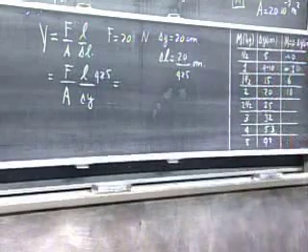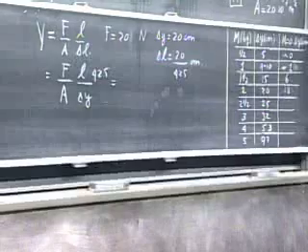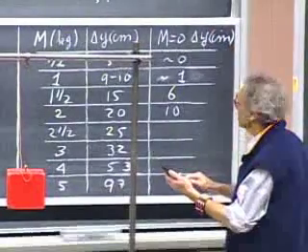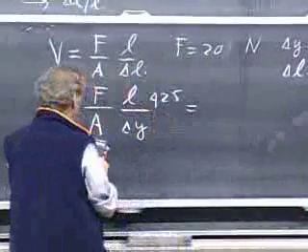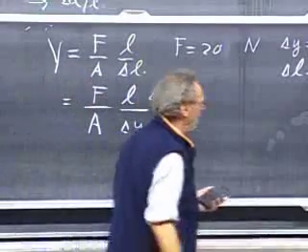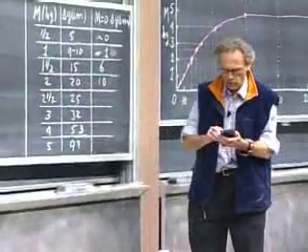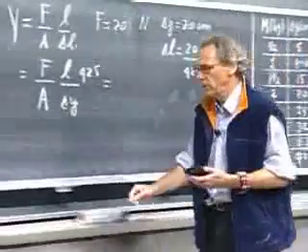The area is 2 times 10 to the minus 7, and I divide by the area. I multiply by the length, which is 0.36. I multiply by 425. And I divide by delta Y, but I need delta Y in meters, so that's 0.2. And I get 7.7 times 10 to the 10th.